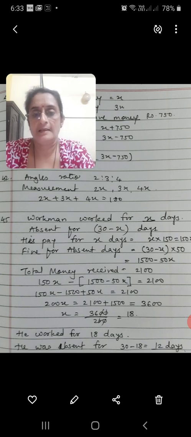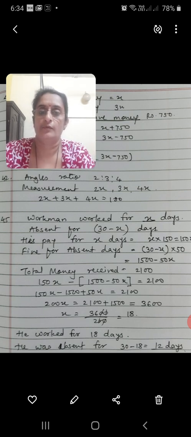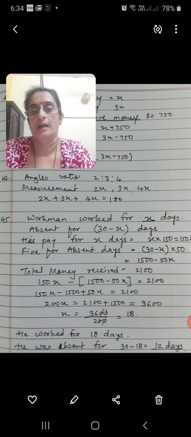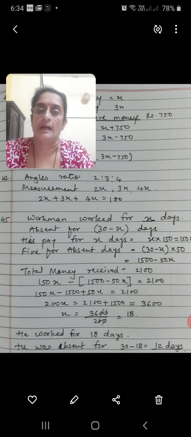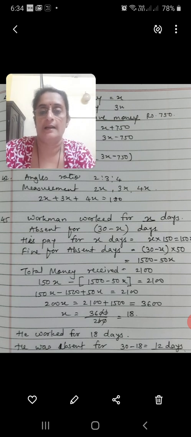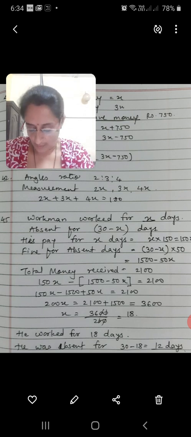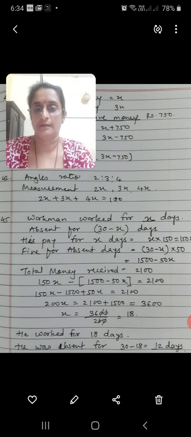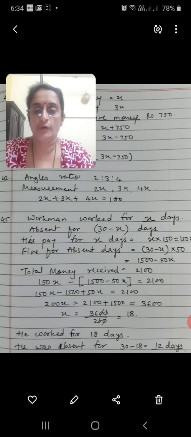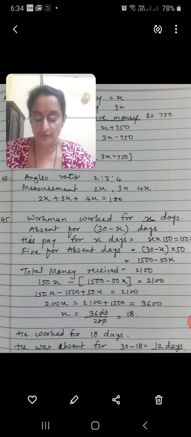So we are going to consider the first as 2x, the second one as 3x and the last one as 4x. If you add all these three angles, it has to be 180 degrees. So 2x plus 3x plus 4x is 180. Solve that.